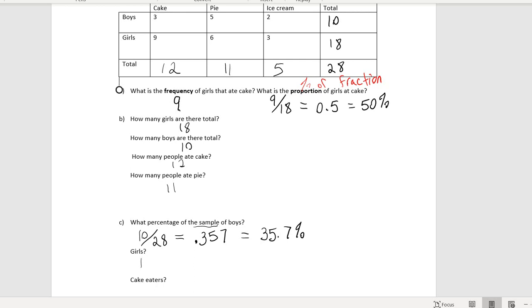For girls, we had 18 girls out of the 28 total that we observed. So if we did 18 divided by 28 and turn that into a decimal, that would be 0.643, which, when you're turning a decimal into a percentage, you move the decimal place 2 over, so that would be 64.3%.